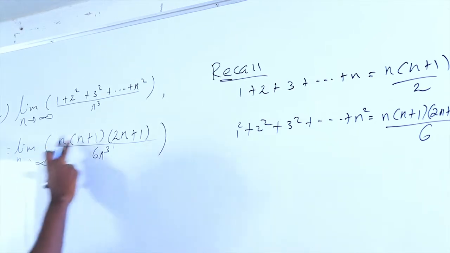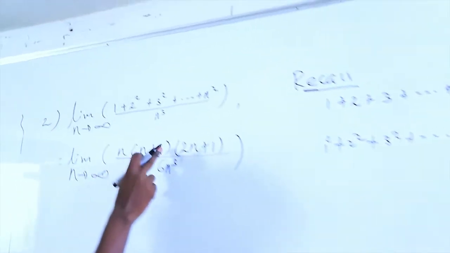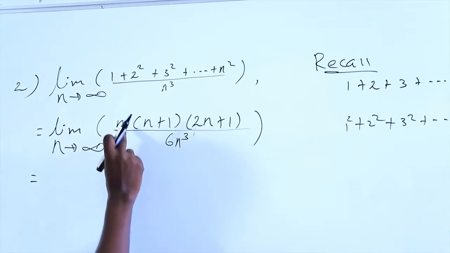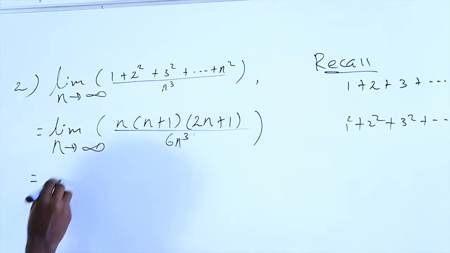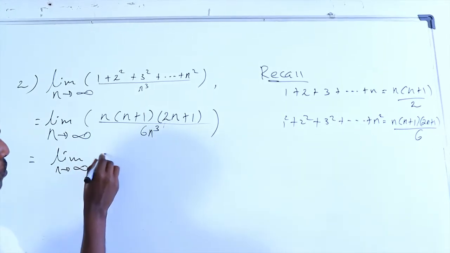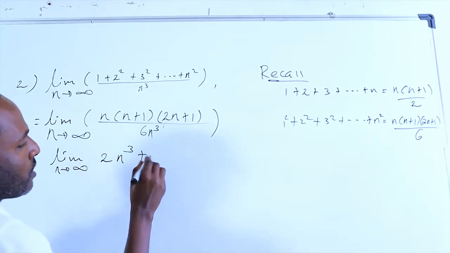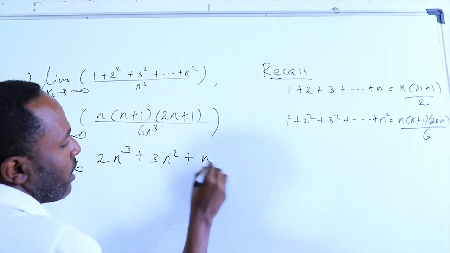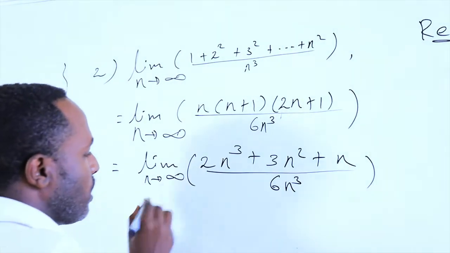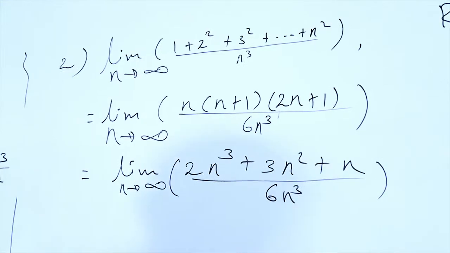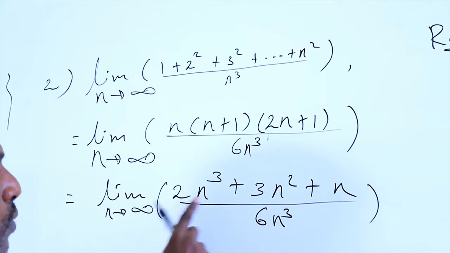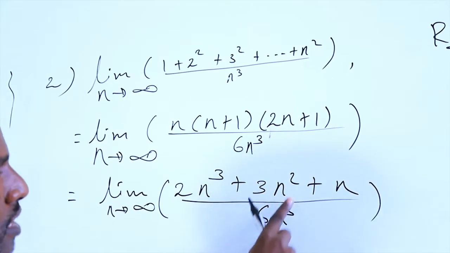Now here, when we multiply all this, n times n plus 1 times 2n plus 1, we get the limit as n tends to infinity of 2n to the power of 3 plus 3n squared plus n over 6n to the power of 3. When we multiply n by n plus 1 and again by 2n plus 1, we get 2n to the power of 3 plus 3n squared plus n.